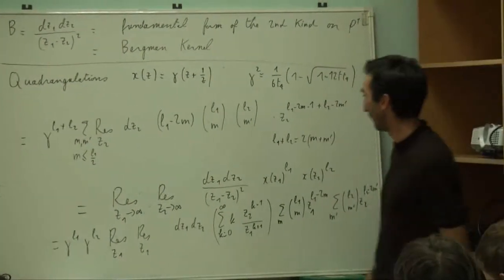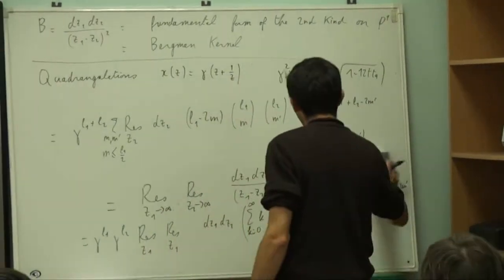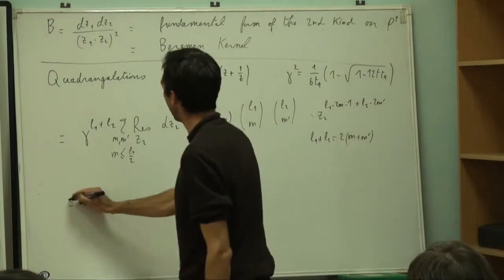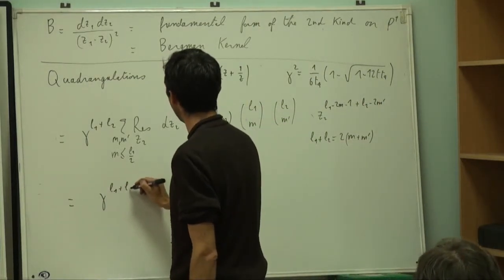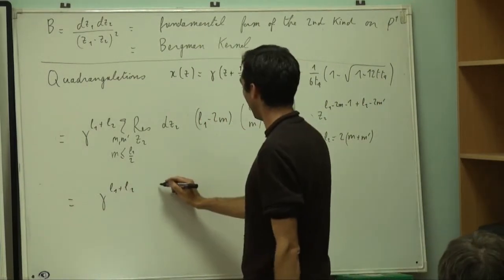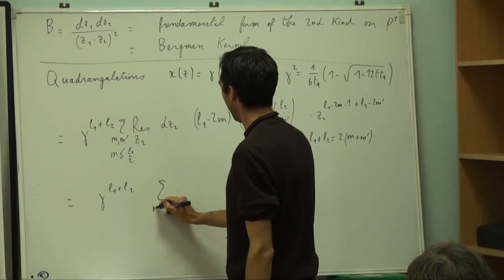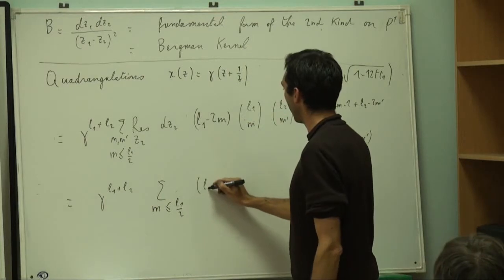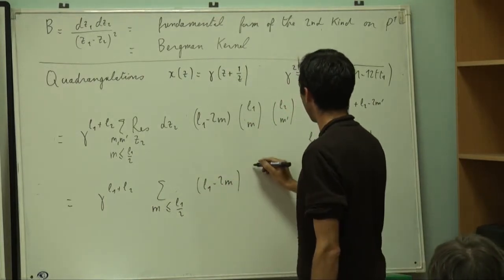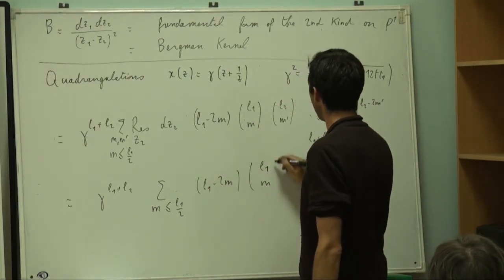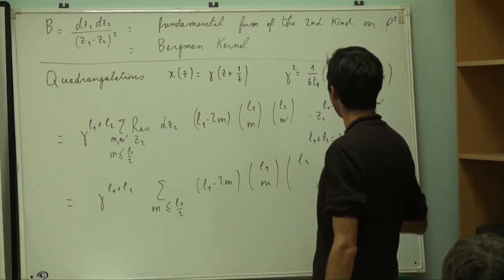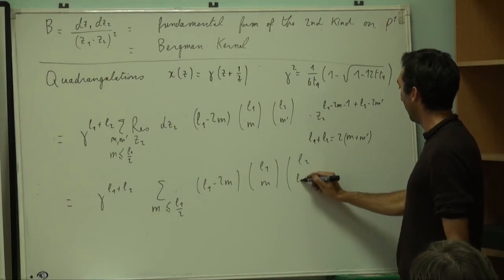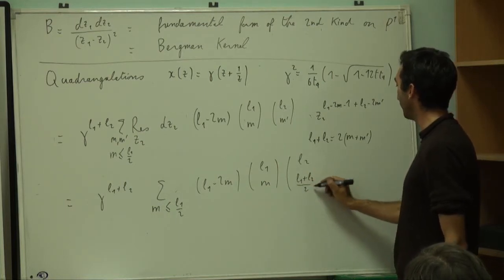So this is gamma^(L1+L2) times the sum over m smaller than L1 over 2 of (L1 minus 2m) binomial(L1, m) binomial(L2, m'), and m prime is (L1 plus L2) over 2 minus m.